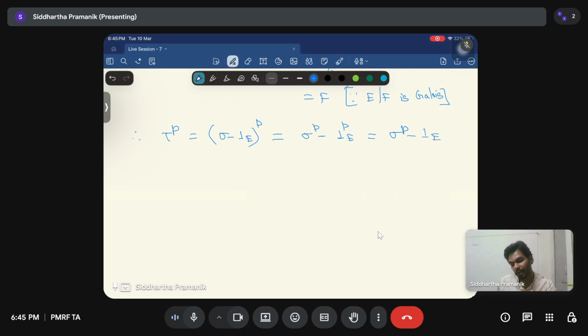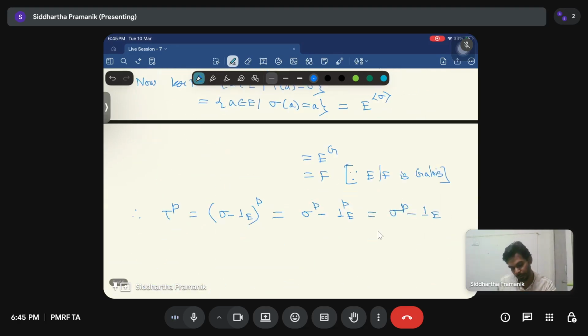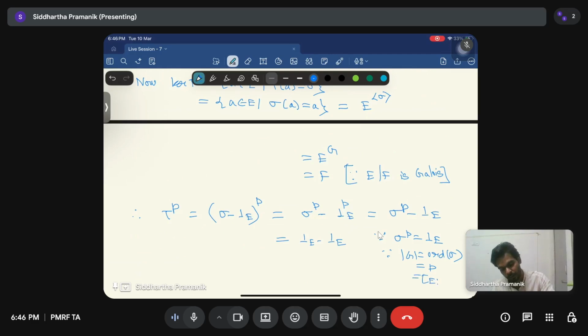And what is sigma power P? This has to be identity, because sigma power P equals 1, because the cardinality of the Galois group, which is the order of sigma, is P. This is P because this is the same as the degree of the extension, and we are in a Galois extension. So T power P is the zero linear map.